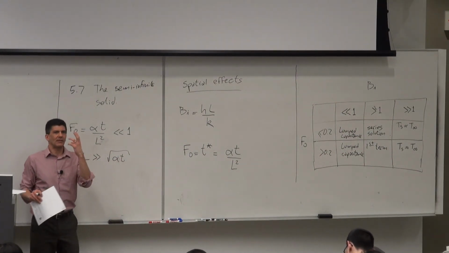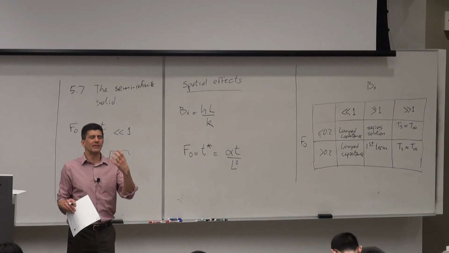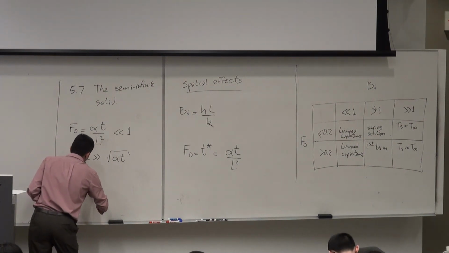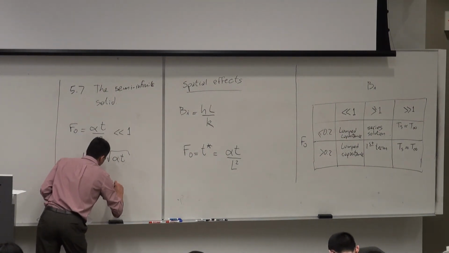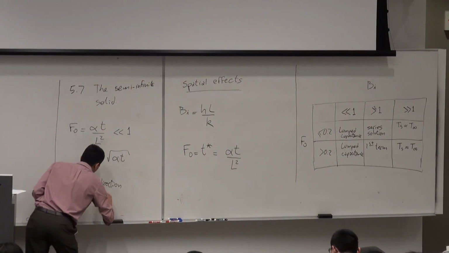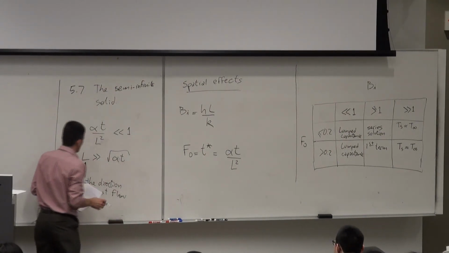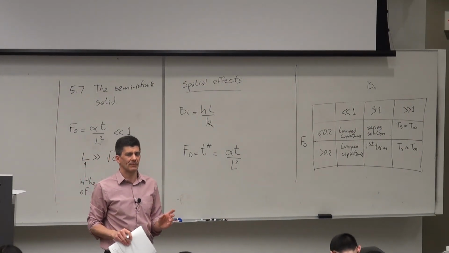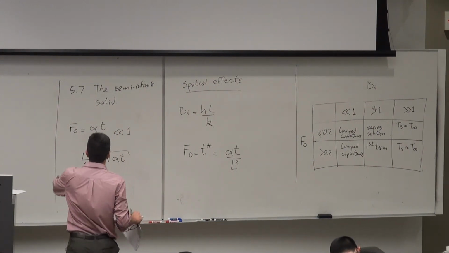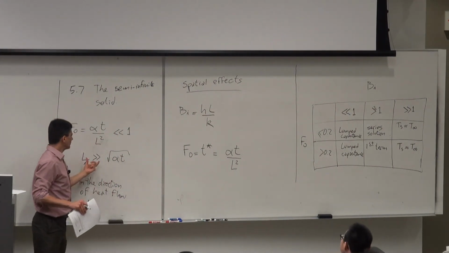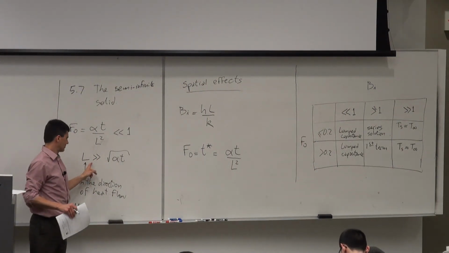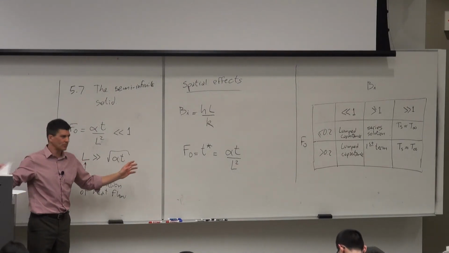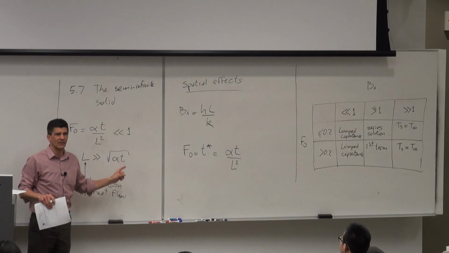If this characteristic size, this is L, in the direction of heat flow, if that length is much bigger than square root of alpha t, that means that Fourier is much smaller than 1. So this means when something is either very big or the time is very small, right? Either of those. Something can be enormous or the times can be very short.